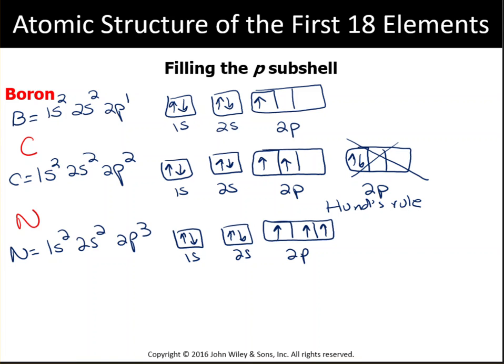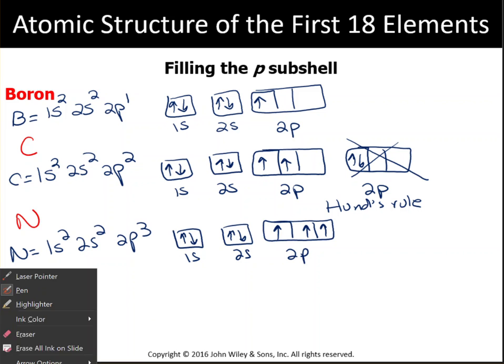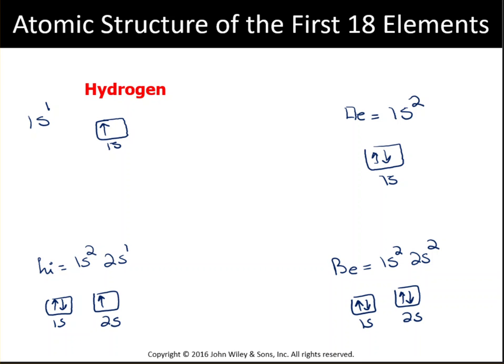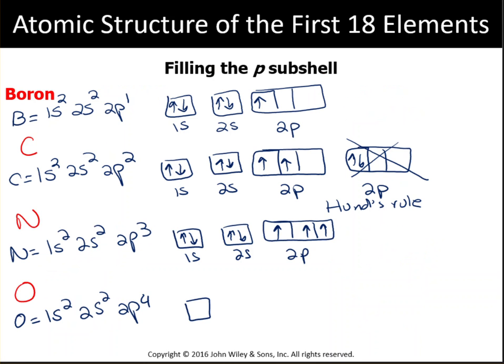And then for oxygen, where the number of electrons are 8, so 1s2, 2s2, 2p4. This is how the box diagram looks like. So 2 in the 1s, 2 in the 2s, and for the 2p, we go 1, 2, 3, and then 4.